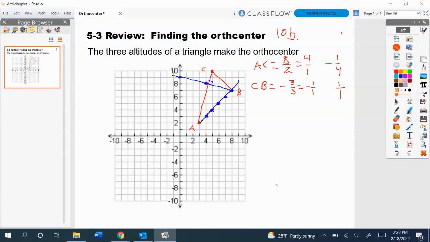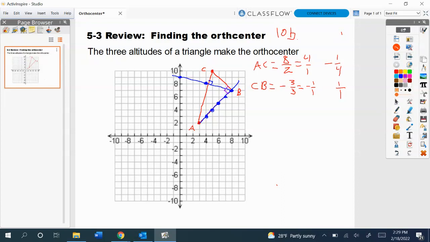Now, why did it do that? It did that because this particular triangle happens to be a right triangle, because this angle here is a right angle. That means the line that makes a right angle with side CB follows that side right there, because it was already a right angle.